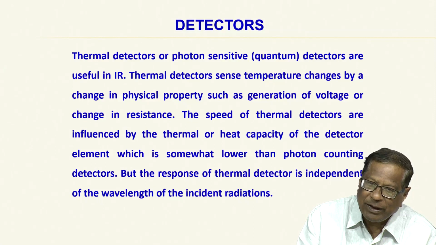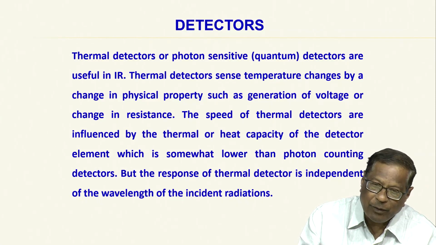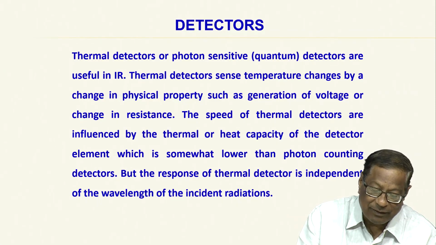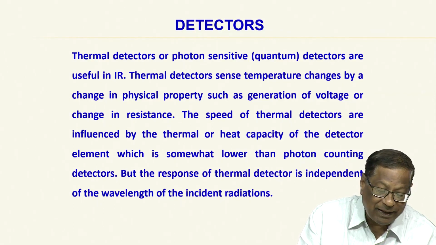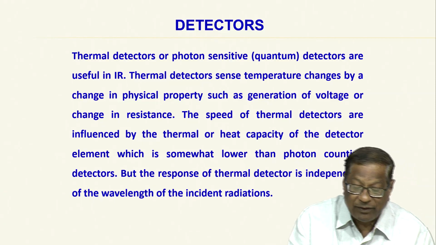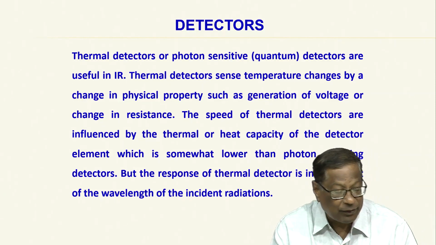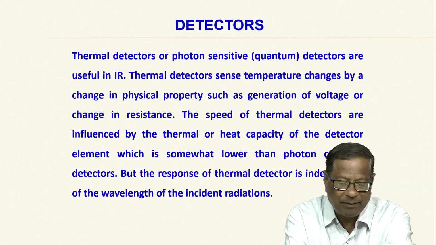I just monitor the resistance and then put the sample, monitor the resistance. So, the speed of the thermal detectors is basically influenced by the thermal capacity or the heat capacity of the detector element, which makes the efficiency somewhat lower than photon counting detectors.